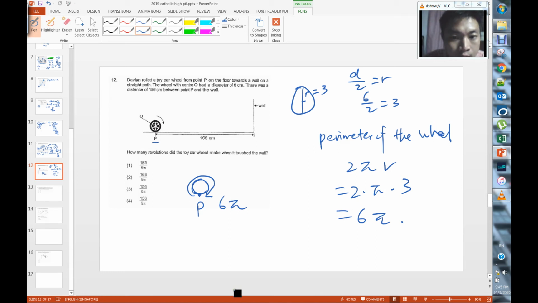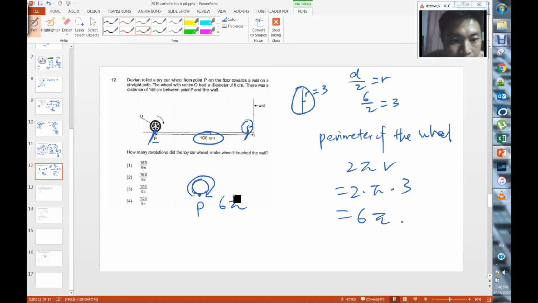So you just need to find out how many 6 pi there are in this 156. But you should know that your wheel will finally touch the wall in this manner. So the wheel from here goes to here.